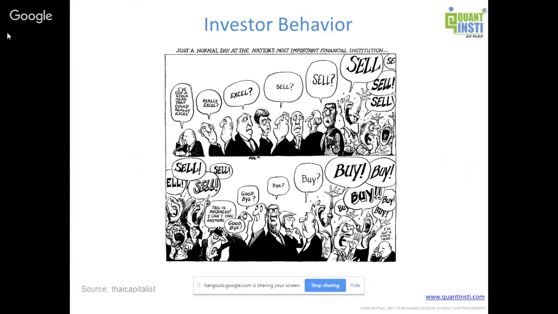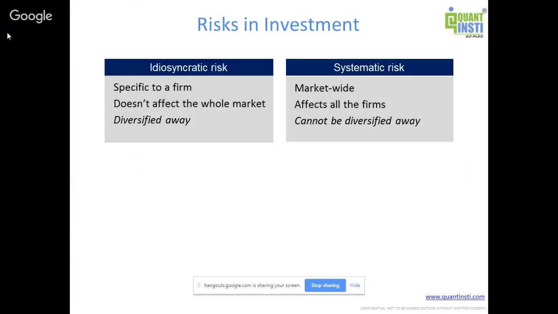So just to avoid this bias, we'll see how we can invest in a systematic fashion, and that's where the role of Python, or automation, comes into the picture.